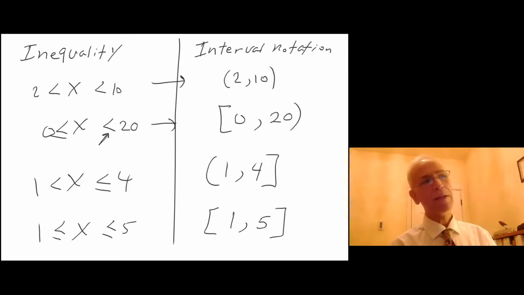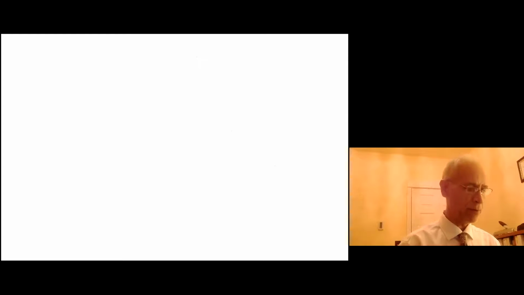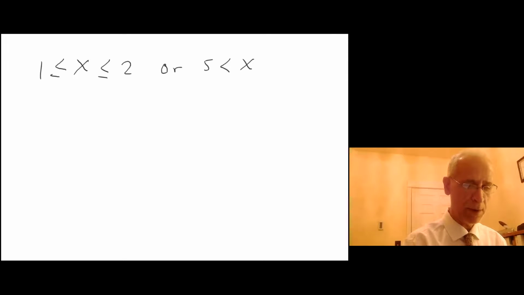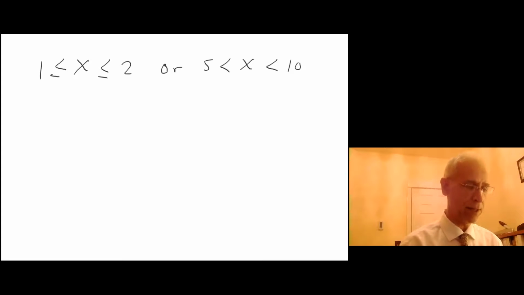Can we have a statement that has more than one part? Sure. So suppose we have, let's say, x is greater than or equal to 1, smaller than or equal to 2, or x is greater than 5 and smaller than 10.